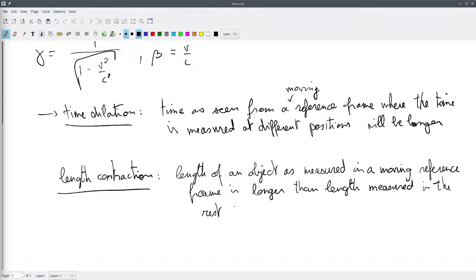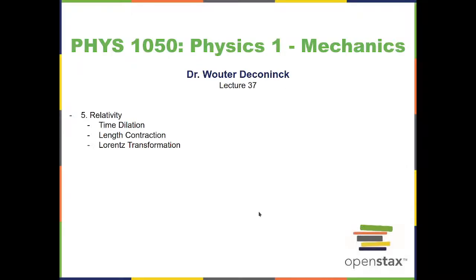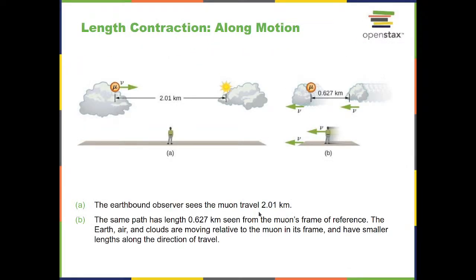So if we look at an example here, we're going to go back to our muons, which we used in the past lecture. Say we have a muon that, for whatever reason, is going horizontal, although most muons are actually going to go vertical, and it is measured by the observer standing on Earth to travel for 2.1 kilometers.